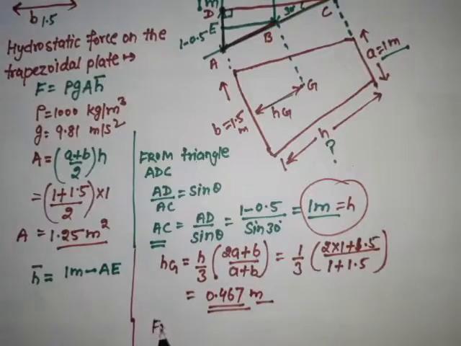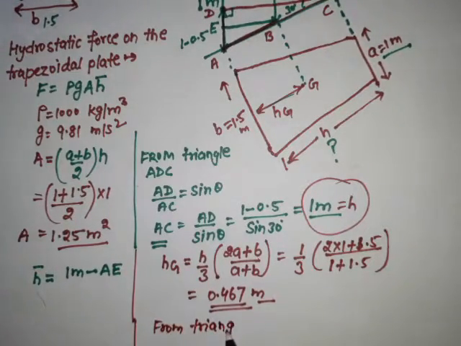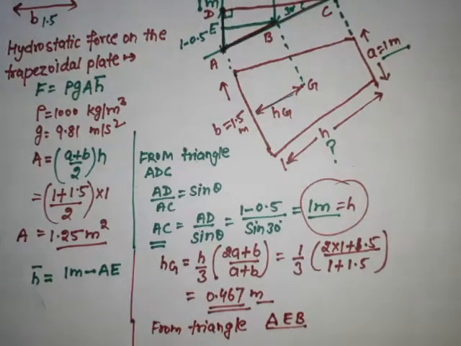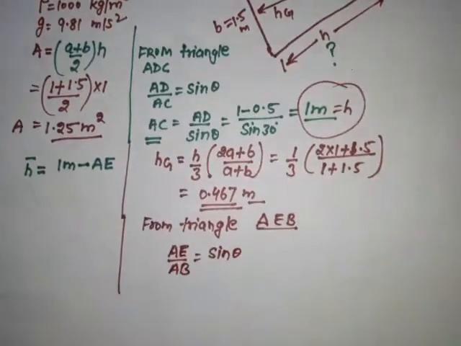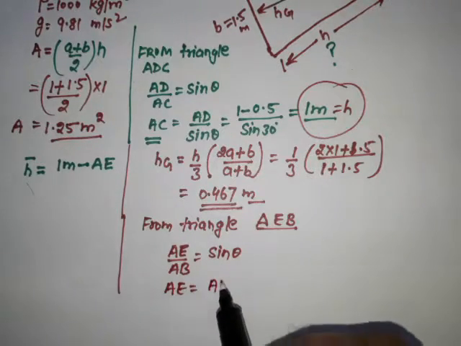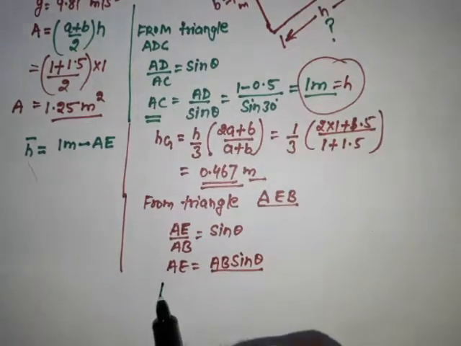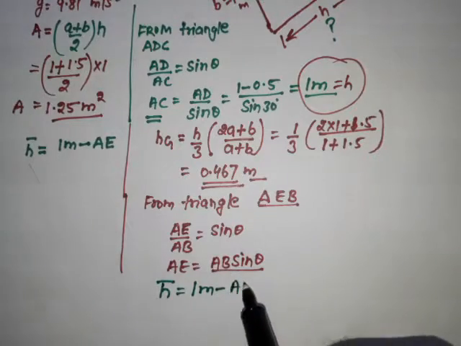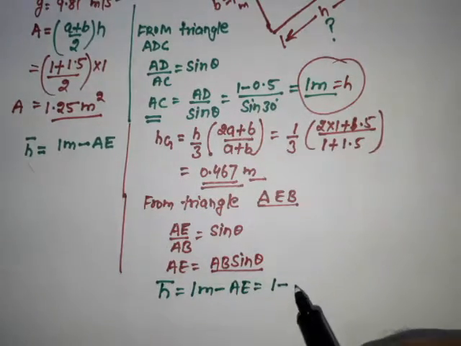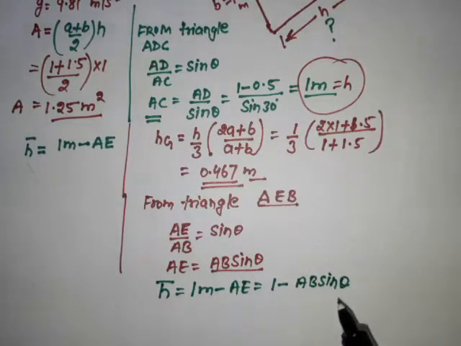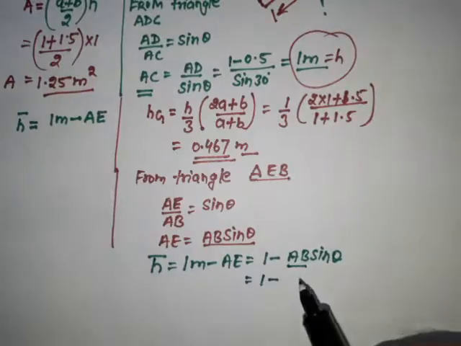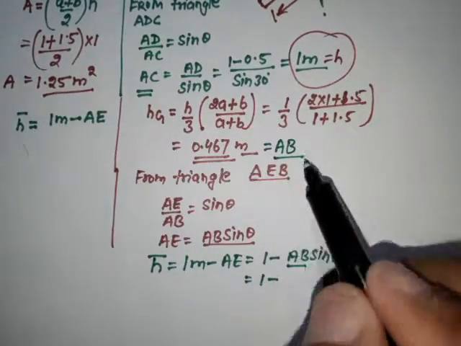Now from triangle AEB, AE upon AB is equal to sine theta, and AE is equal to AB sine theta, and from here h bar is equal to 1 meter minus AE, and that is 1 minus AB sine theta, where AB is equal to this distance.